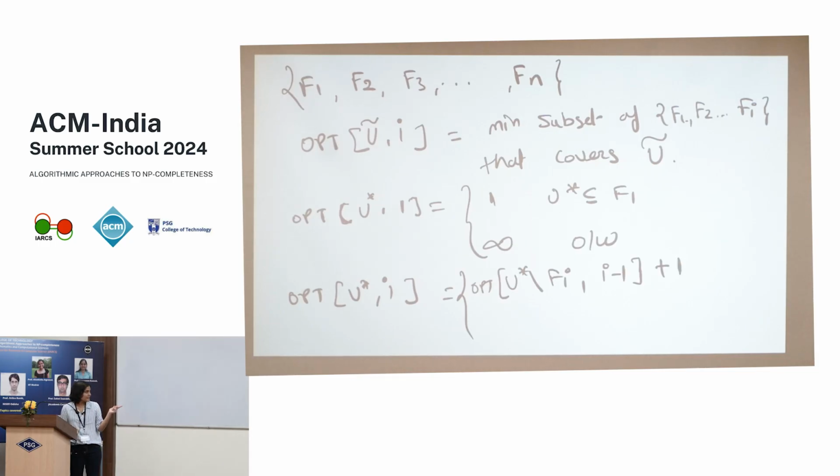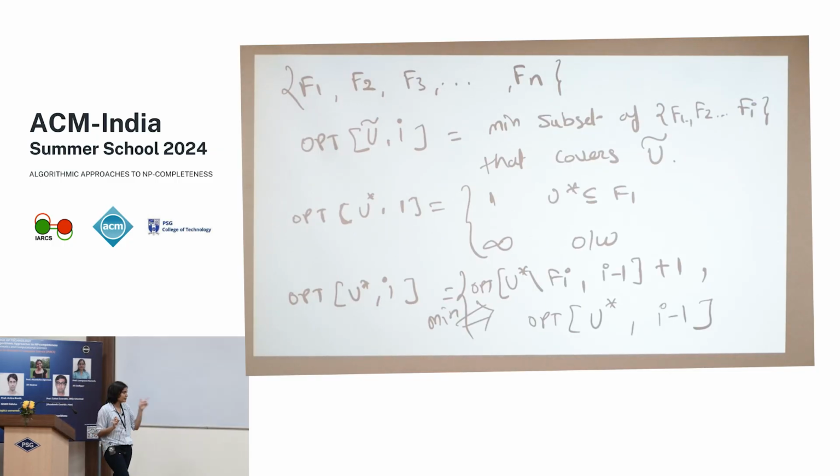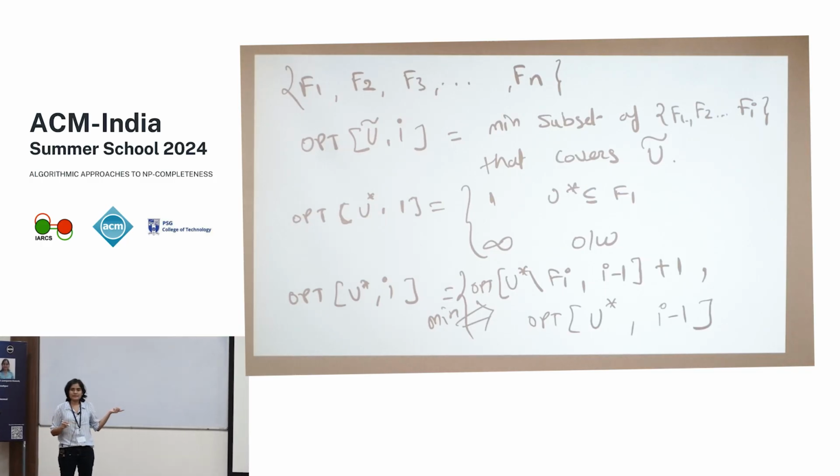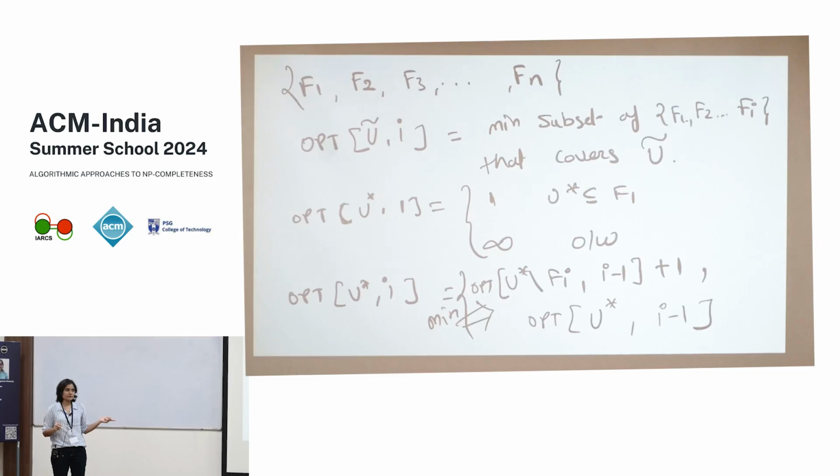I am adding +1 here because we decide to take Fi in the solution. And otherwise, it is opt of U star, comma, i minus 1. And we take the minimum of these two quantities. That's how we compute the DP entries recursively.